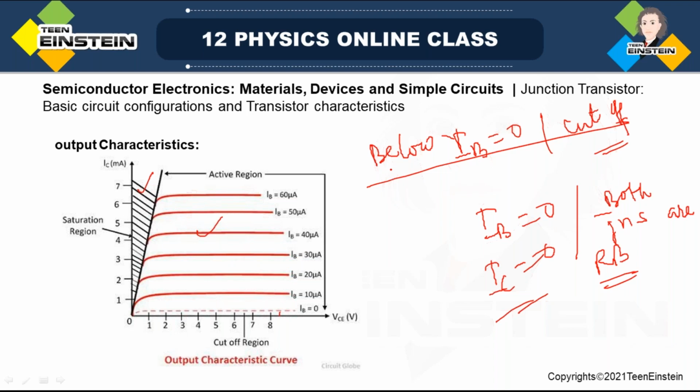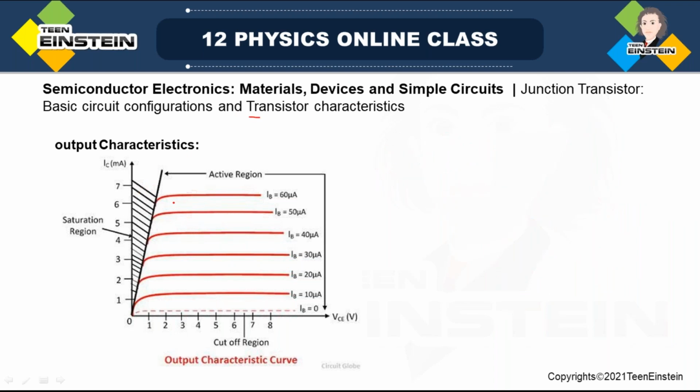When the transistor is used as an amplifier, the transistor has to be operated in this region. As an amplifier, your transistor has to work in this region.